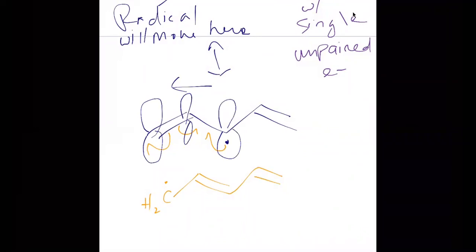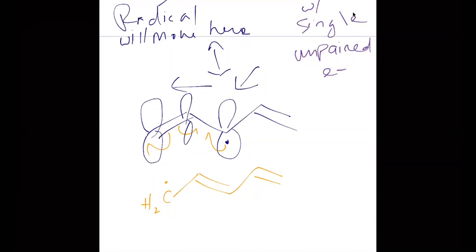So that electron is in a p orbital and it's able to be shared with the other p orbitals that are already existent. And that's why they have to be adjacent, right? If this p orbital right here was 1 carbon away, you couldn't share those electrons. But the fact that they're adjacent, they can all talk to each other, right?